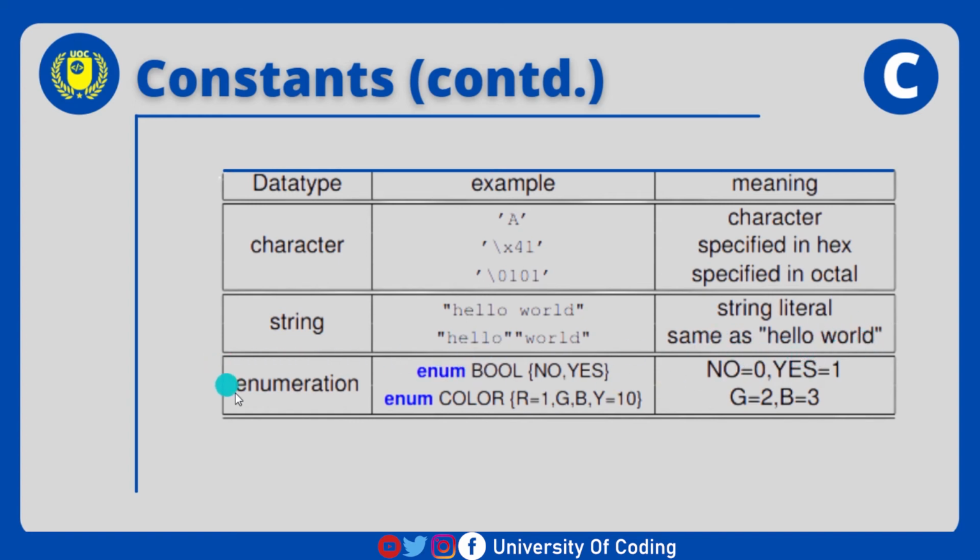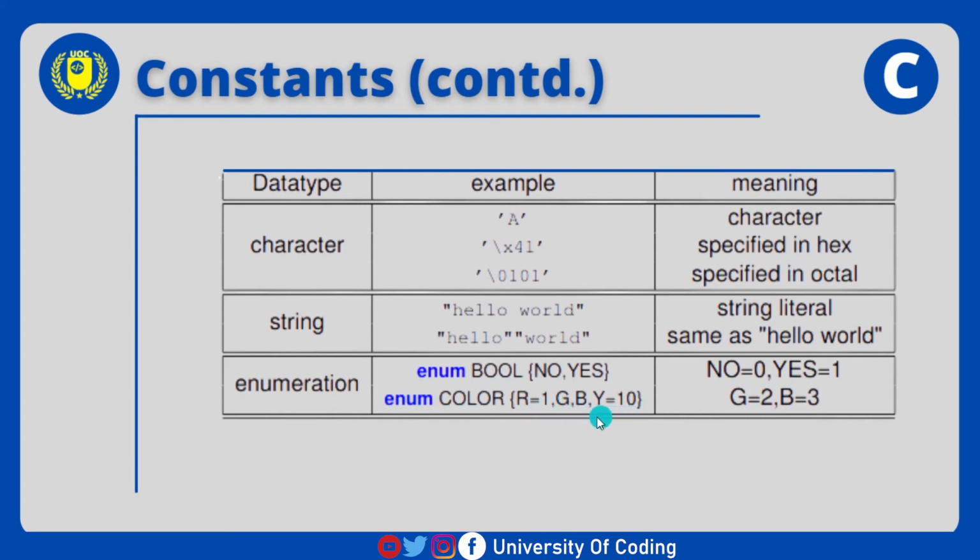So we have another data type, that is enumeration. While declaring a variable as enumeration, you write enum. So enum bool, which has the variables no and s. See here, no is equal to 0, s is equal to 1. And here enum color r is equal to 1, g is not given any value, and y is 10.